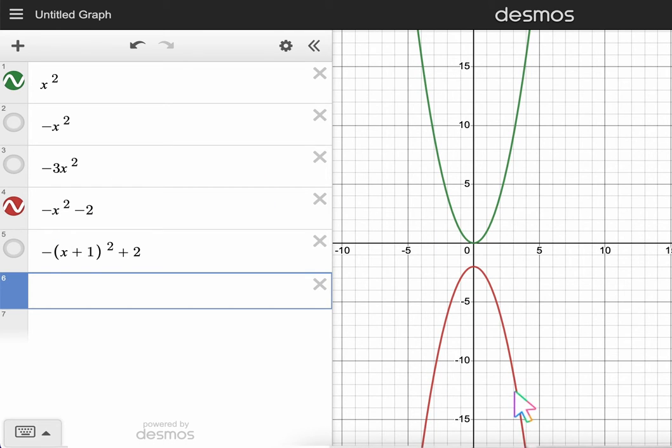Opening downwards because it's a negative value for your a. Same shape or width as your original x squared. And then since we had a c value that was minus 2, it shifted down 2 units on the y-axis.